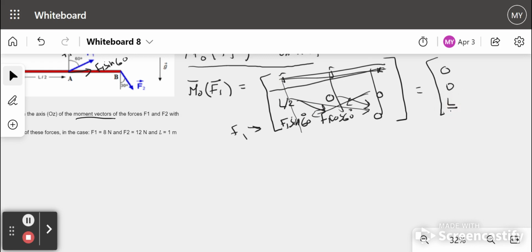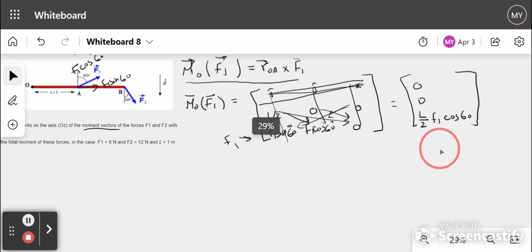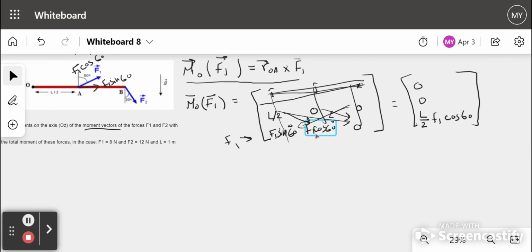So L over 2 F1 cosine 60, and I'm going to close the bracket minus 0 times this, so it will give you just 0, so that's why I closed the bracket already. Okay, so this is your first answer for the question.